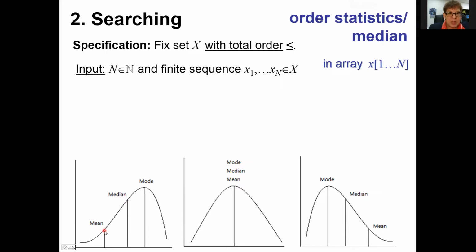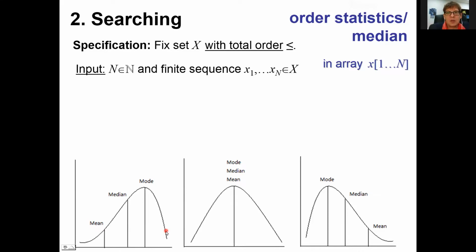Mean is the average, right? And in the average, small elements contribute less than large elements. So the mean is here, whereas median means that half of the elements are on the left side and half of the elements are on the right side if the data were sorted.